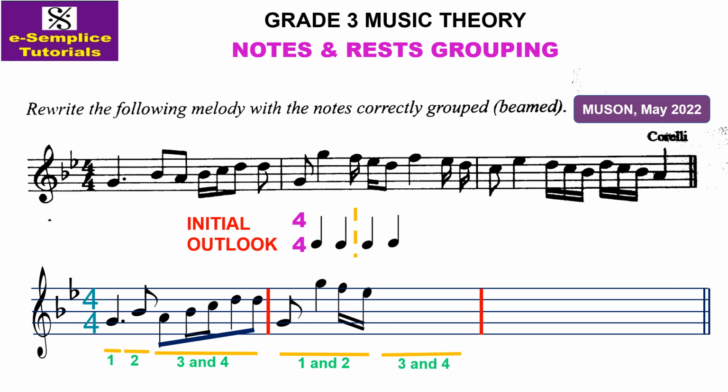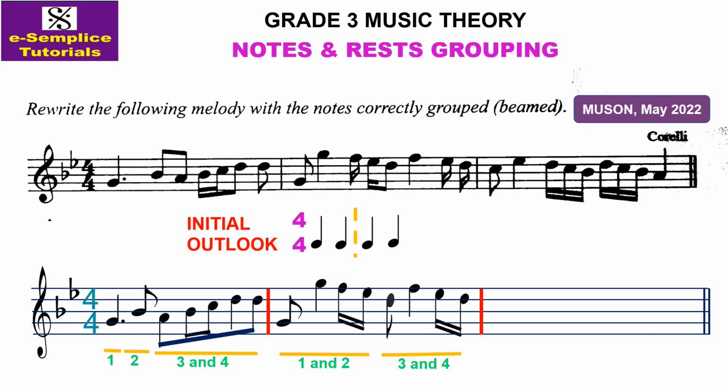Then beats 3 and 4 will be on the other side of the bar after the middle of the bar. So this is the correct way to group that bar. Anything short of this is wrong. The middle of the bar is open, as you can see. Beats 1 and 2 on one part of the bar. After the middle of the bar, beats 3 and 4.